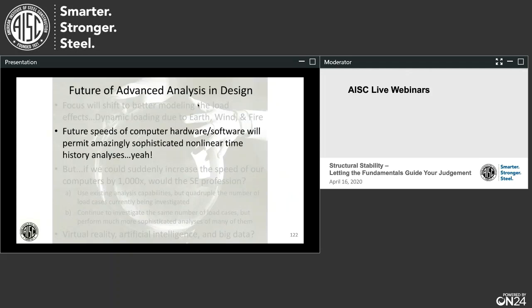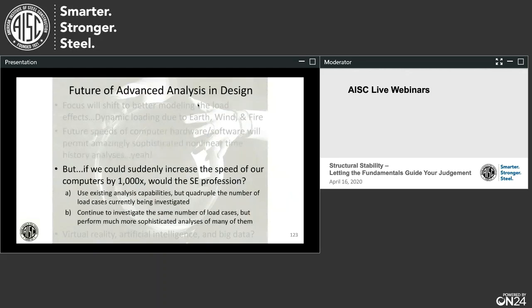In the next 10 years, computers are going to get even faster. And so I'm hoping we won't move from 300 or 400 load cases to 3,000 or 4,000 load cases. I'm hoping the engineer will continue with this number of 300 to 400, which is working well, but maybe isolate the 10 or 15 that are really controlling and do a deeper dive with a full nonlinear analysis to investigate how their structure would perform under these nonlinear effects.